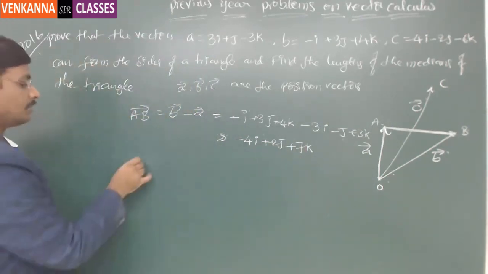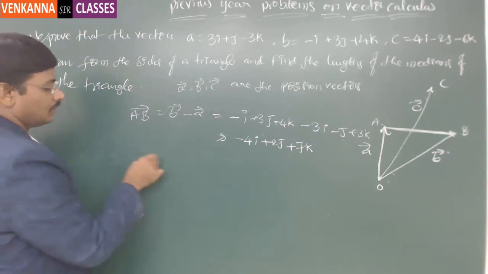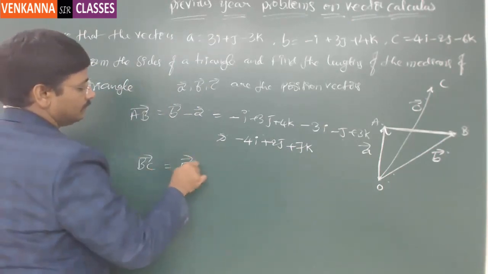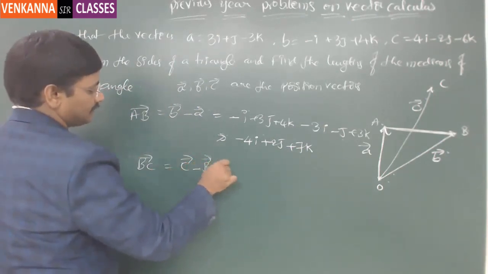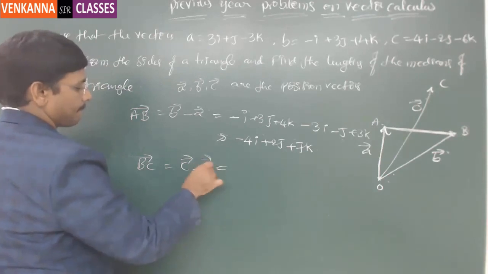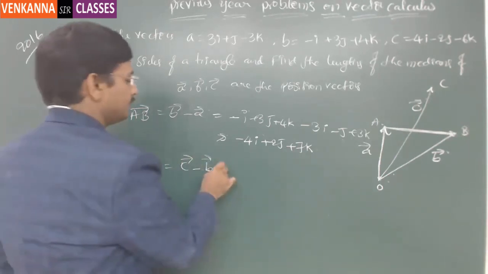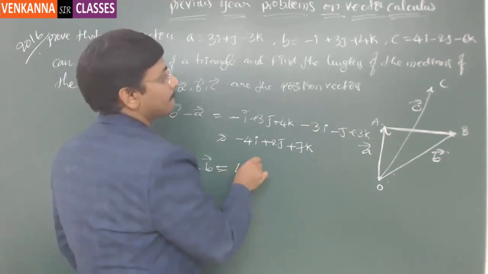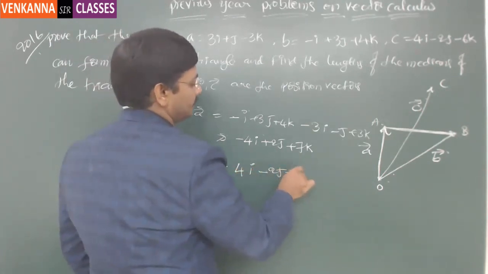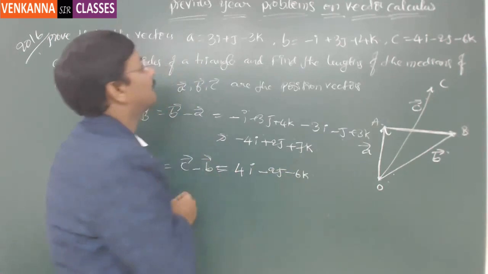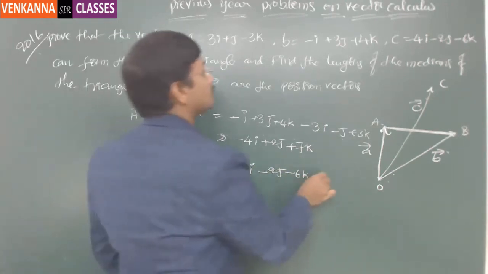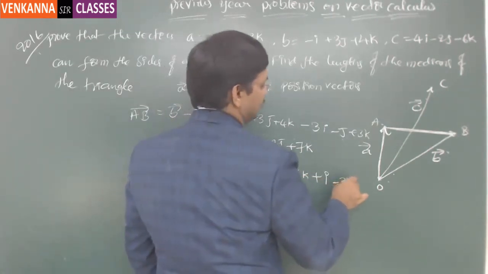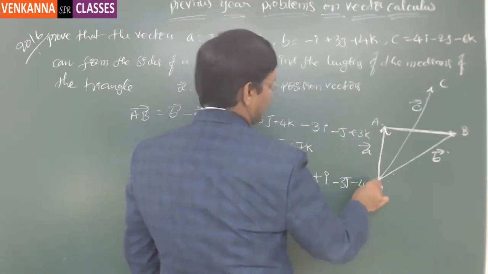In a similar manner, vector BC you can find: that is C minus B. So the BC vector is going to be vector C, that is 4i minus 2j minus 6k, and then minus B vector, that is plus i minus 3j minus 4k.